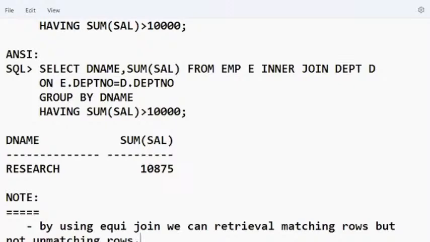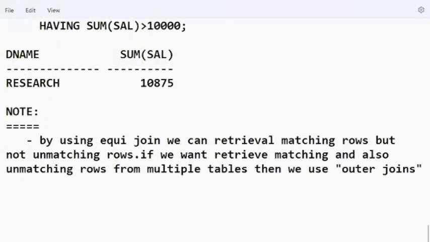Now, if we want to retrieve matching and also unmatching rows from multiple tables, then we use outer joins. Okay, we can use outer joins.